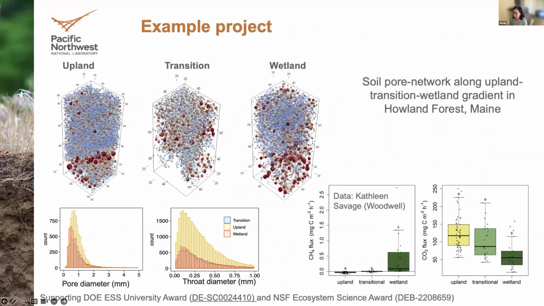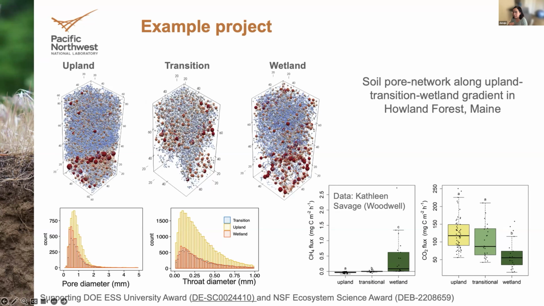Here I just want to give you an example. This is a DOE ESS University award, where we're thinking about whether we can use differences in soil pore networks to explain some of the greenhouse gas flux measurements we made using chambers, right?